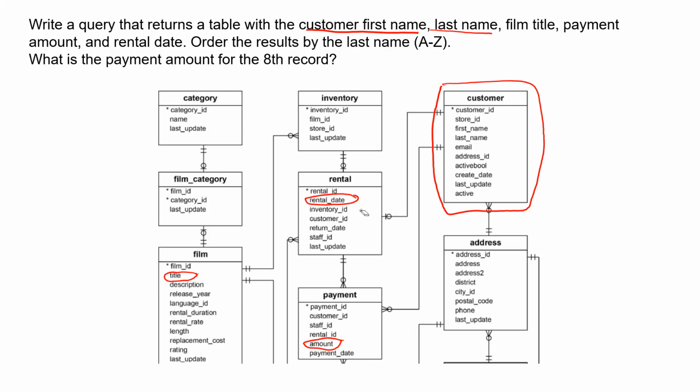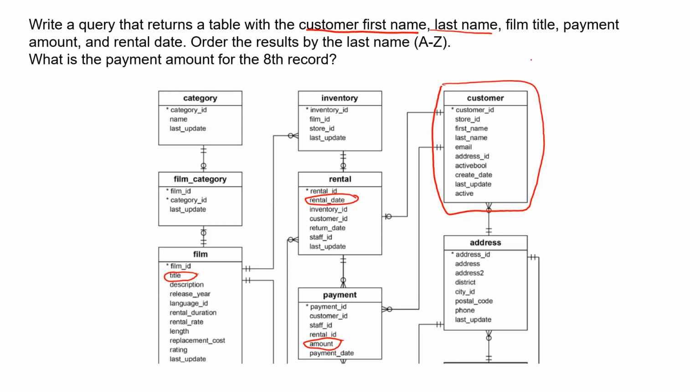I need to link everything together using joins. There are multiple strategies here. One strategy is that the outermost join is going to have to consist of the customer.